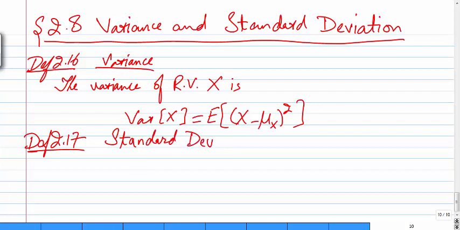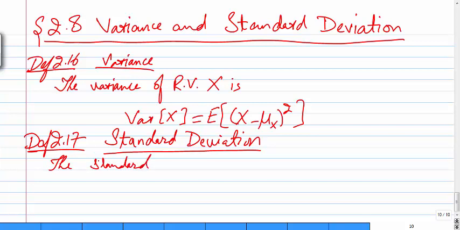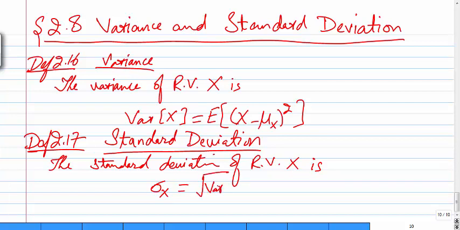The standard deviation of a random variable X is written as sigma of X, equal to the square root of the variance of X. So this is the way we can calculate the standard deviation and variance of a random variable.